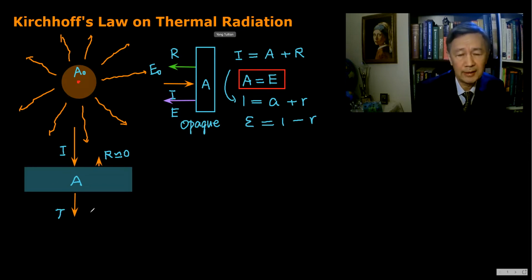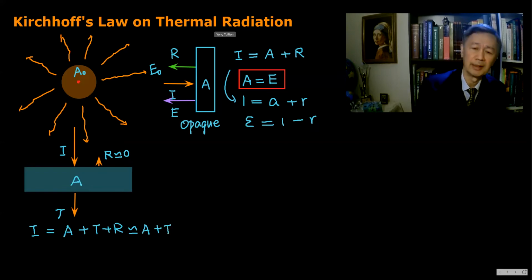So we can argue that the incoming intensity, again this is just a power balance condition, is equal to absorption plus transmission, right? We still could include a reflection here, but we can use this approximated relation, that I is equal to A plus T. R can be considered negligible, too small.